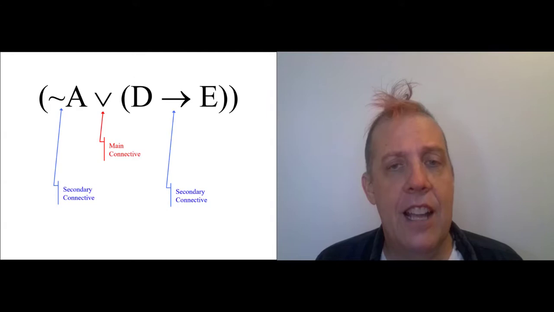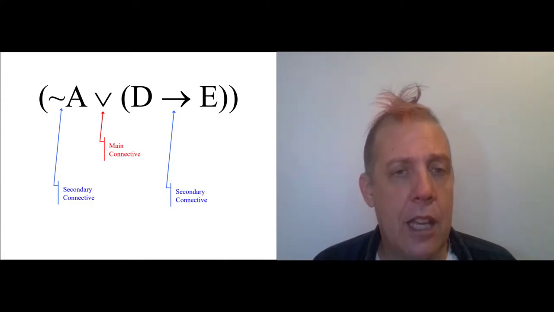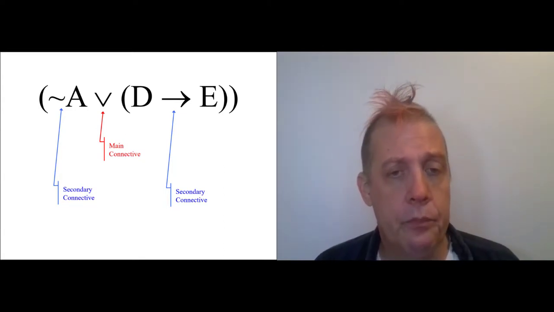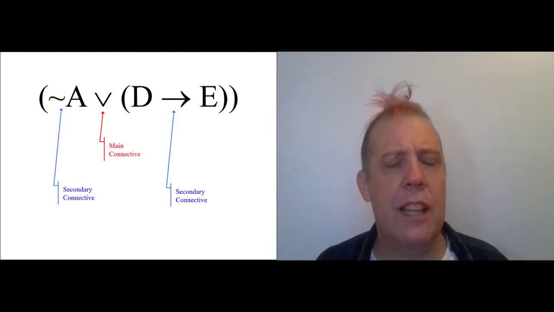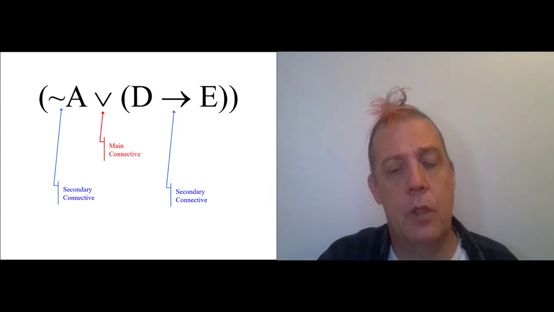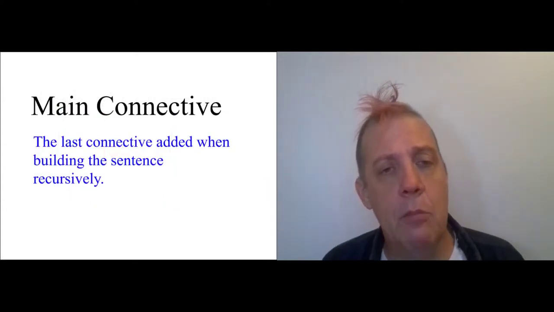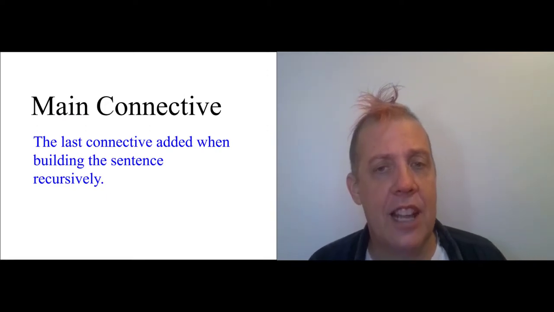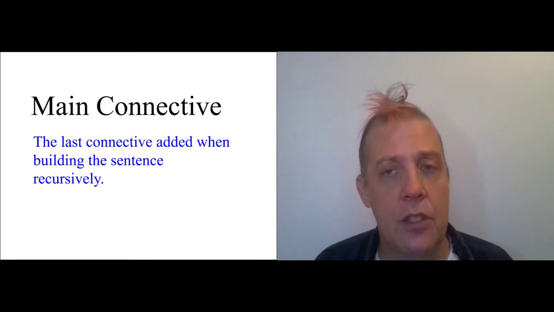The not and the conditional are secondary connectives because they were in the sentences that we put together to make the final sentence with the main connective. So we define the main connective as the last connective added when building a sentence recursively.